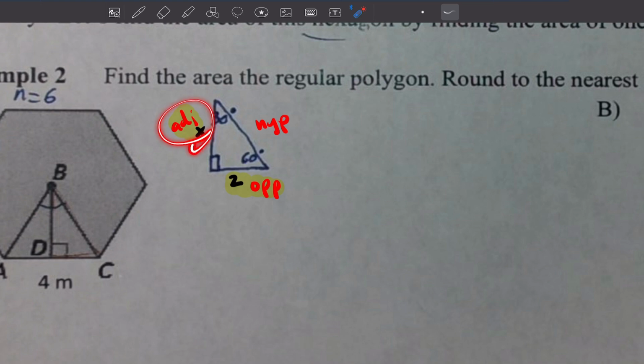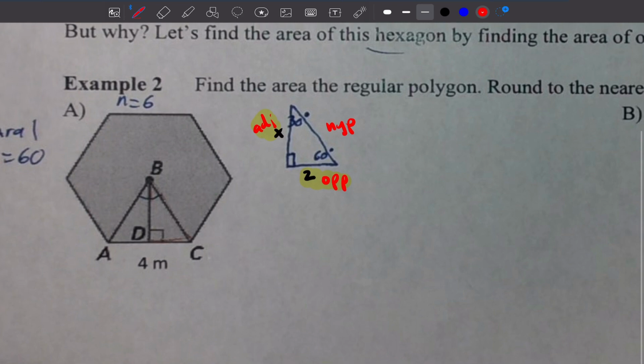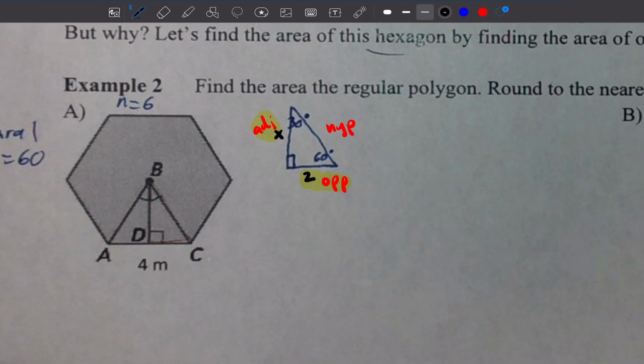So I have opposite and adjacent, because if we recall, trigonometry deals with sine, cosine, and tangent. SOHCAHTOA. We have opposite and adjacent, so it's tangent.